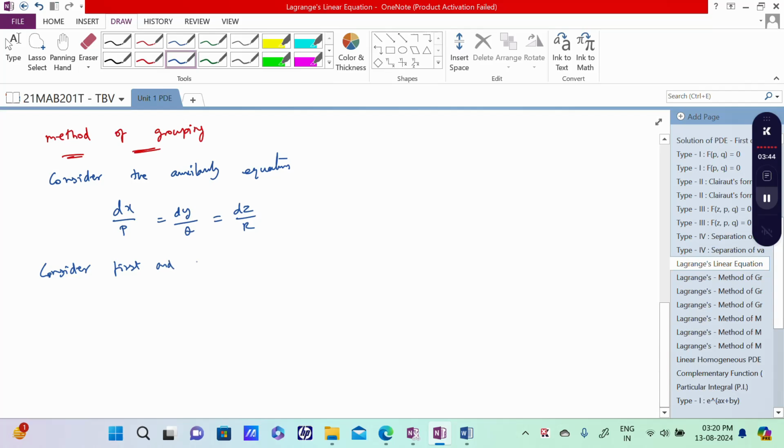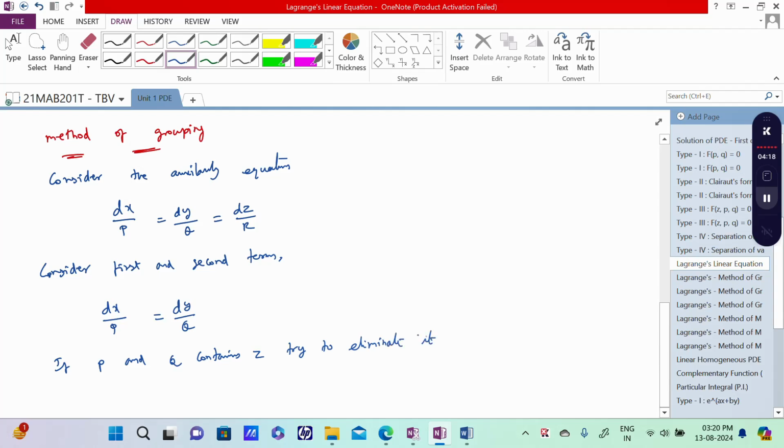The first and second terms are dx by P, dy by Q. If in this P and Q have any z variable other than x and y, try to eliminate it.